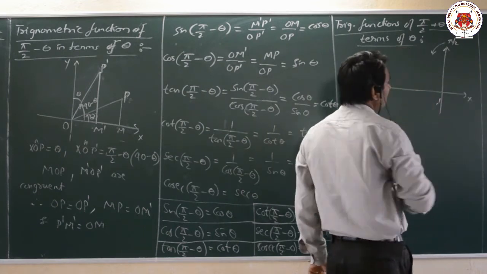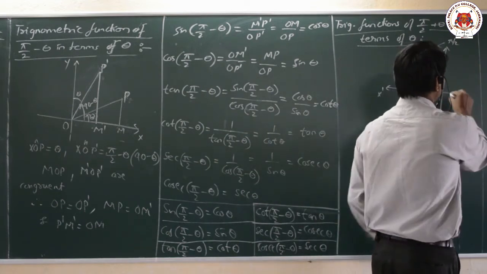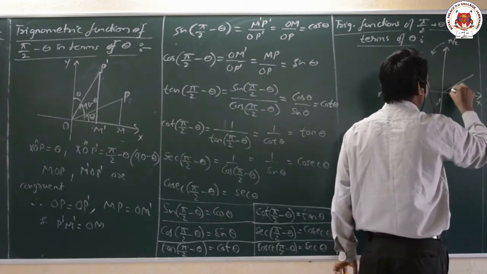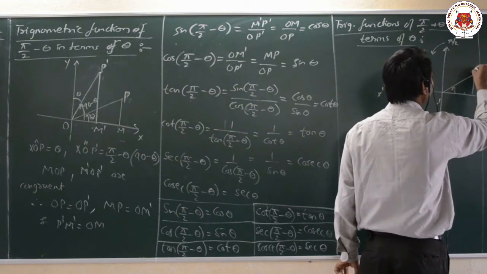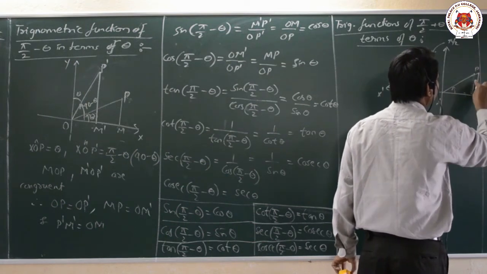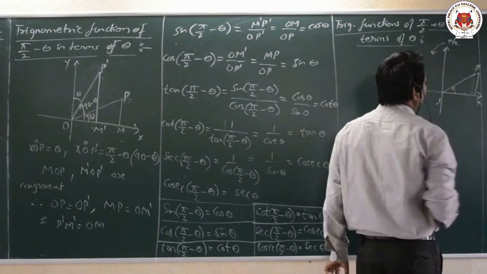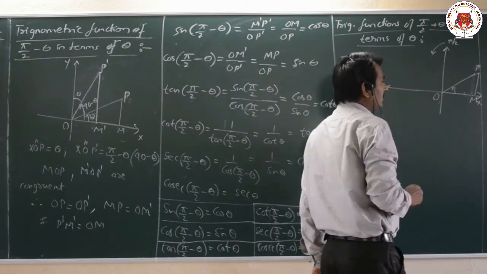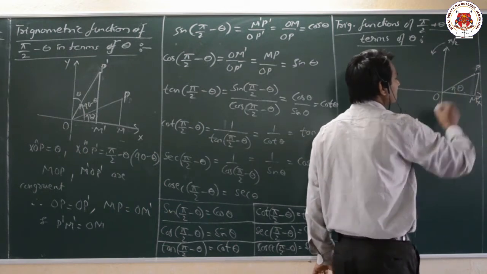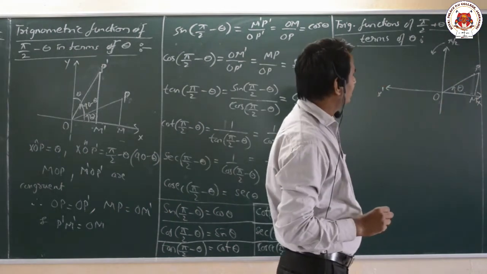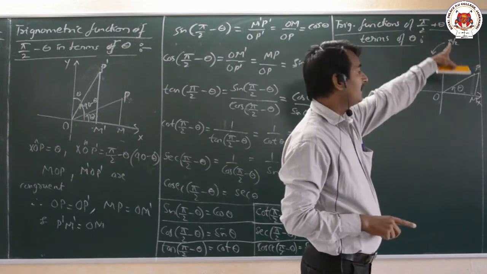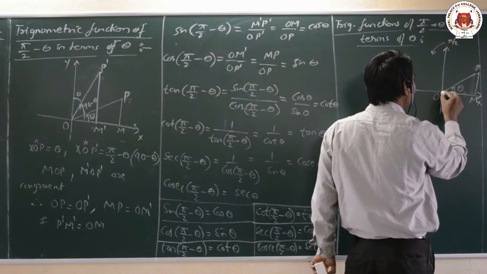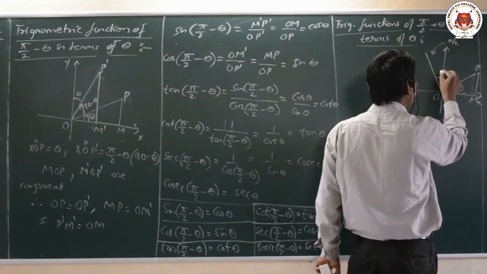Before starting with that, let us draw an angle theta here and take a point P here. This is our point M, this is our origin O, and this is our angle theta. Similarly, I require pi by 2 plus theta, so from here I will join a line that makes an angle of theta.